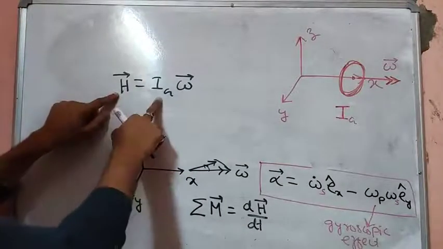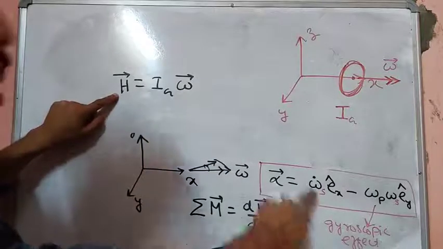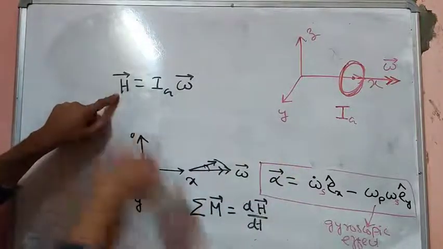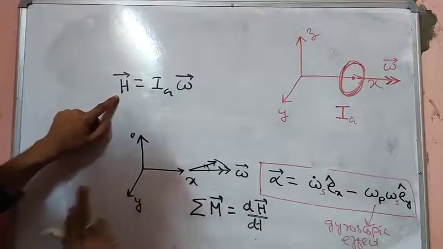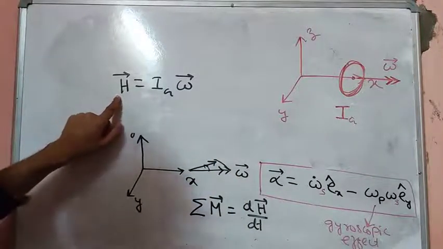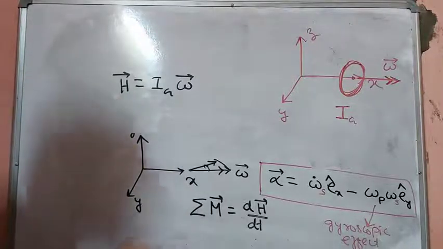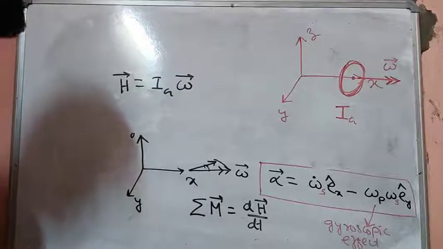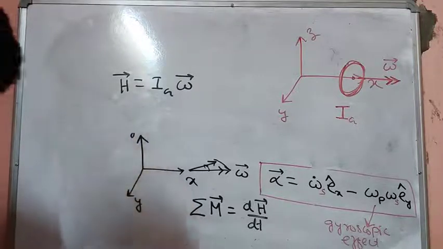The moment of inertia will remain constant, and dω by dt we have already found out, so we can substitute. The rate of change of angular momentum is equal to the external moment, so from this we can find out this.